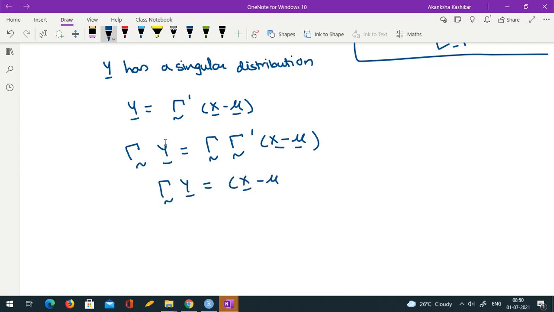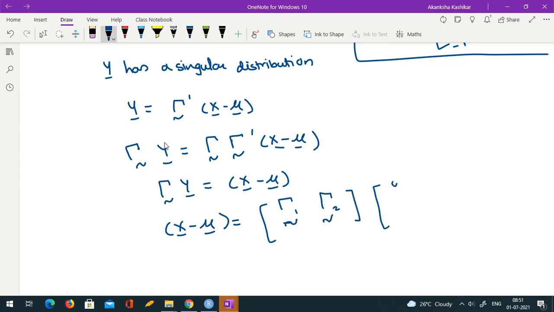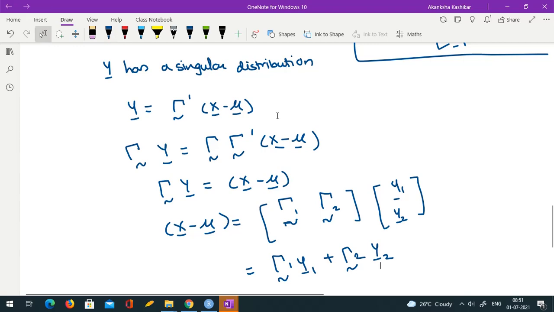So I have gamma y as x minus mu. I will split gamma again as gamma 1 and gamma 2, because I don't have transpose anymore, and then y1, y2. So I could write this as gamma 1 y1 plus gamma 2 y2, correct?